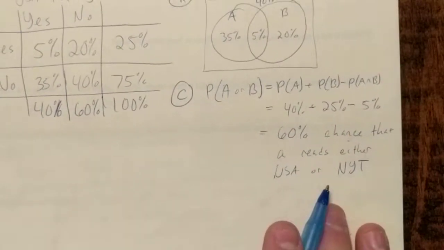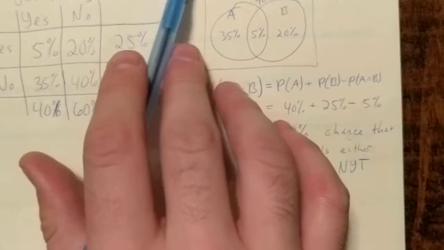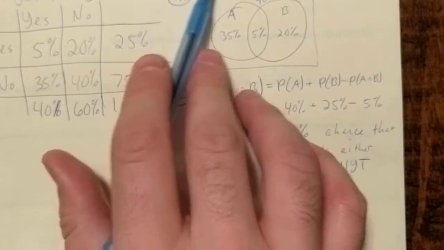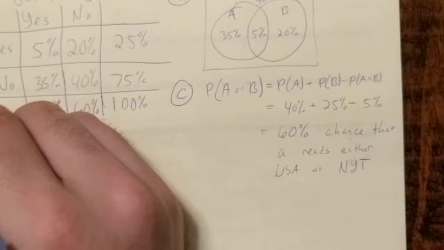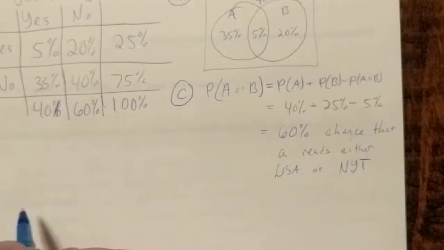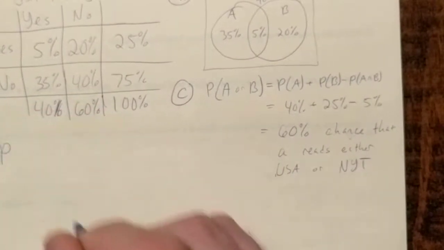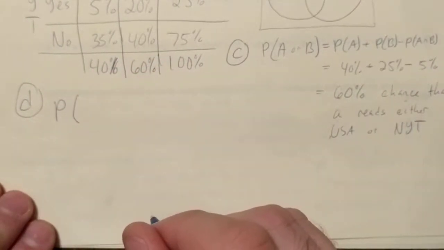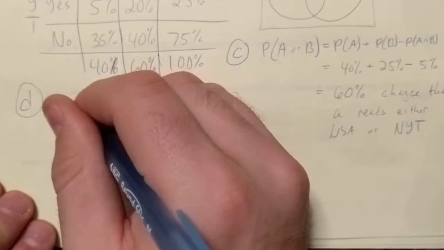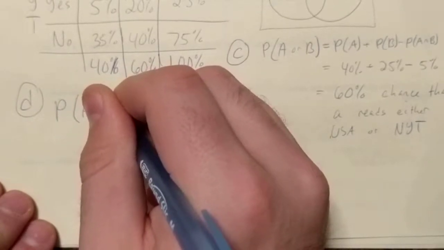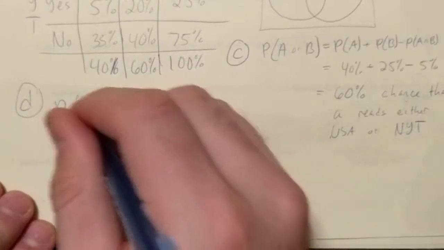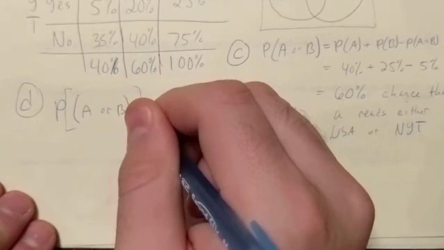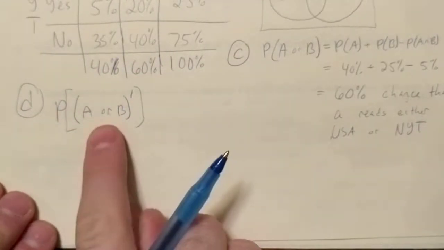Okay. Part D says, find the probability that a person does not read either paper. That's a complement to the previous problem. So what you're doing here is finding the probability of essentially not this, okay?